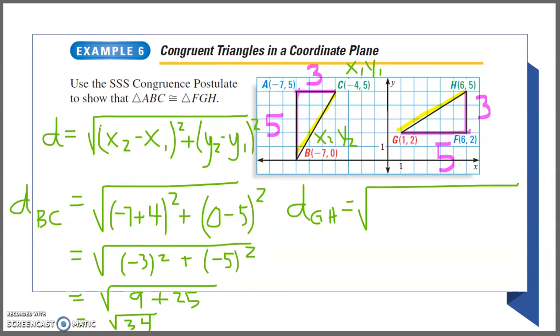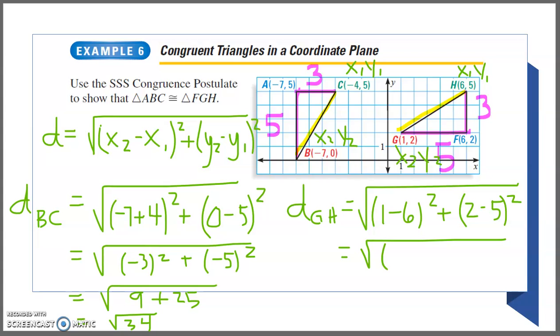All right, now let's see what happens on the other side. We'll let this one be the x1, y1, x2, y2, and let's get started. So x2 minus x1 squared plus y2 minus y1 squared. Well, this is going to give us negative 5 squared.